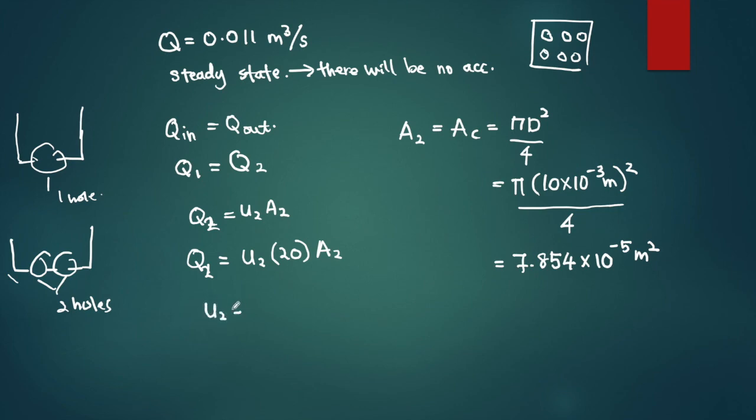So U2 is equal to Q2 over 20 A2. I will substitute the value of Q2.